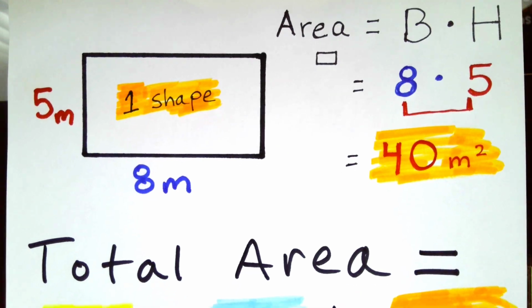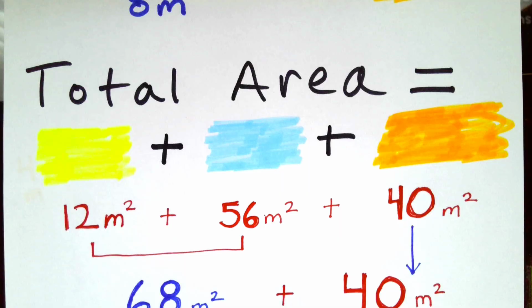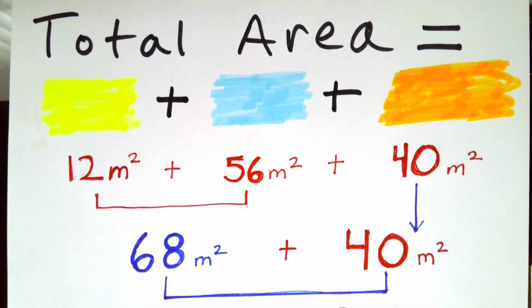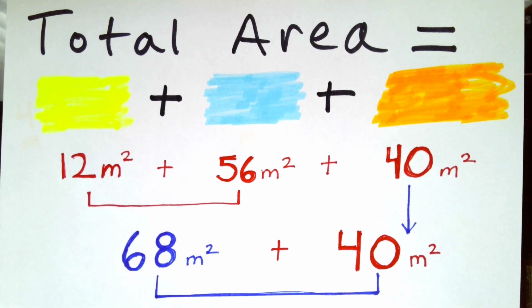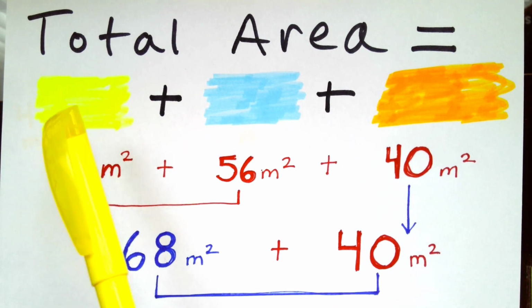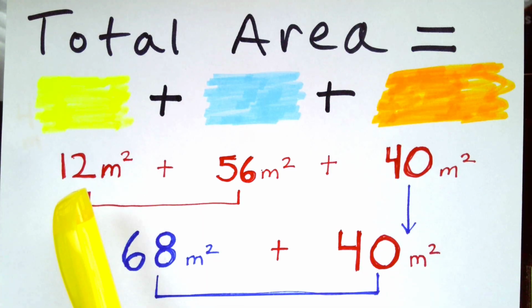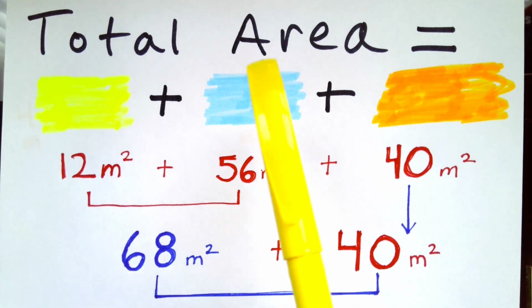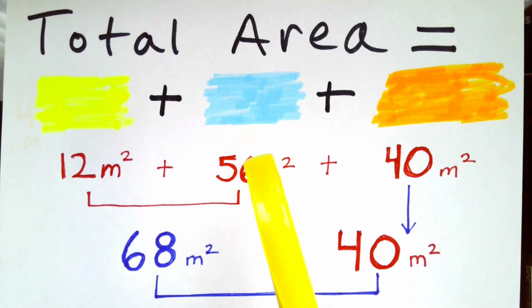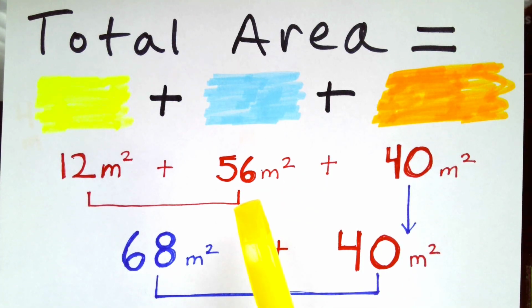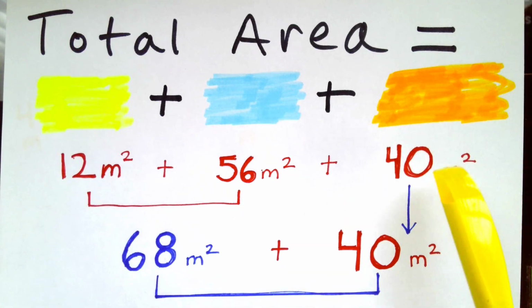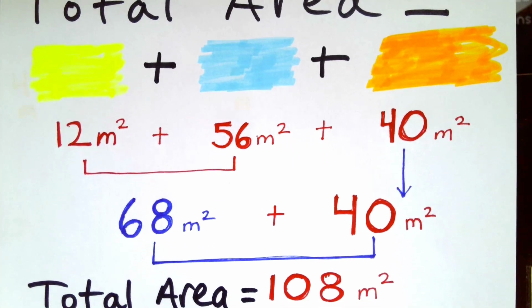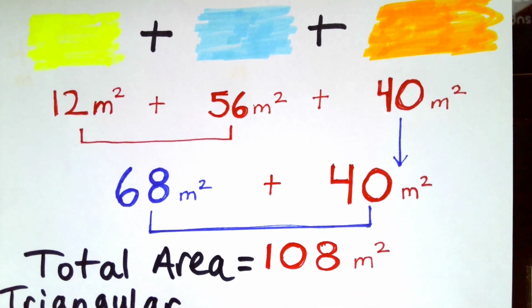So now I have the area values for all of my shapes. I have the two right triangle areas, 6 and 6 is 12. I have my two rectangular areas added together, it's 56. I have the one area I just showed you above as 40. Let's add these together.